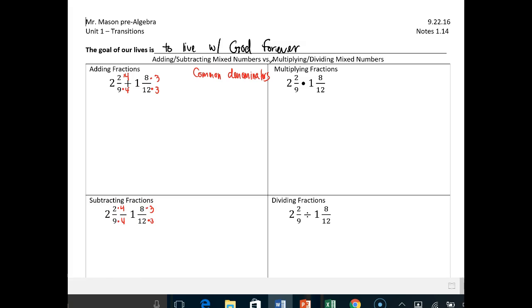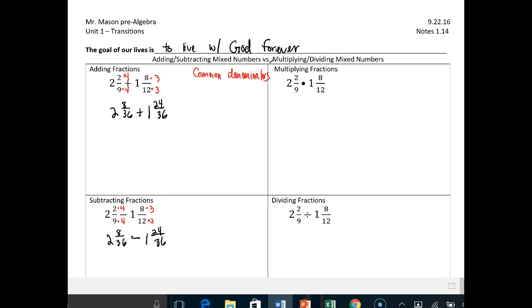Alright, when I do that on top, I'll get 2, and 2 times 4 is 8 over 36, plus 1, and 8 times 3 is 24 over 36. And I should get the same thing here as well. But it'll be minus, and then 24 over 36. Only difference between this problem and this problem is that we have an addition and subtraction sign here.